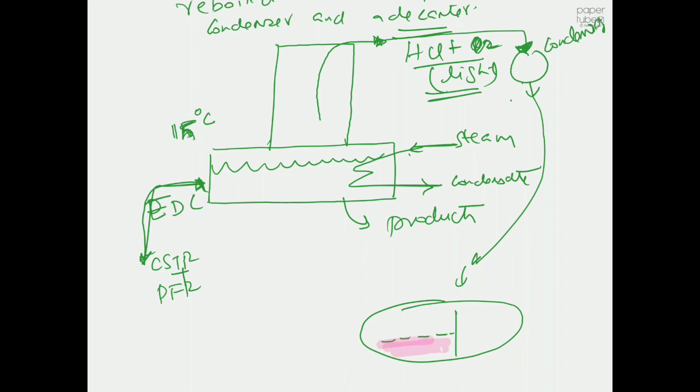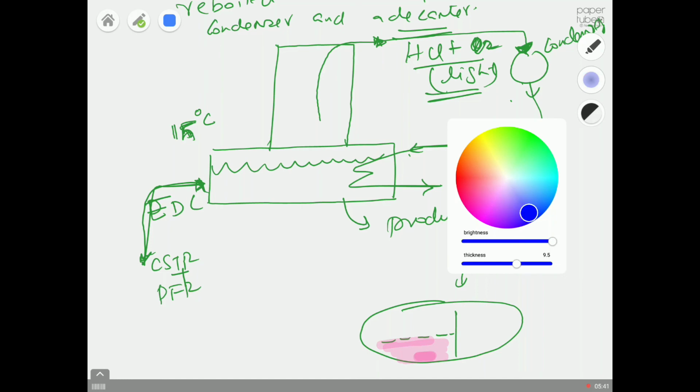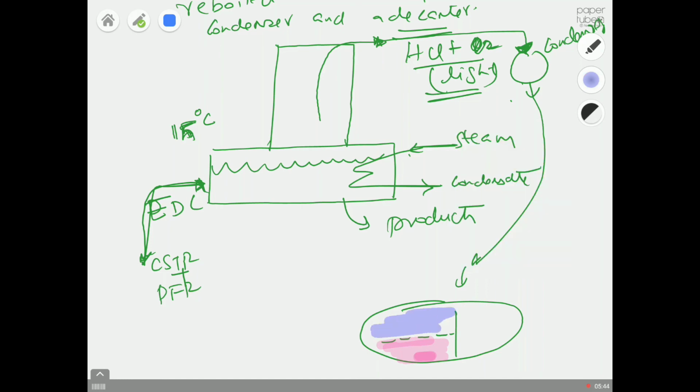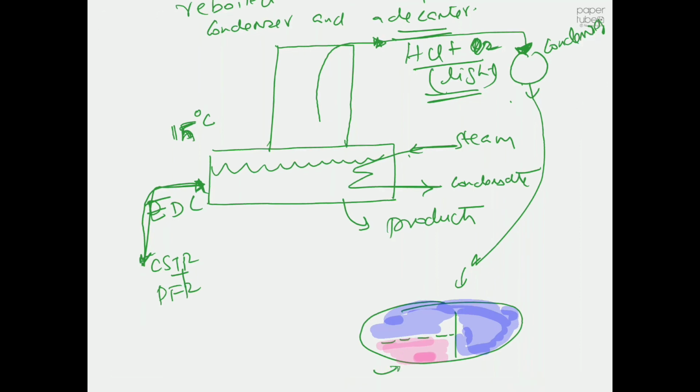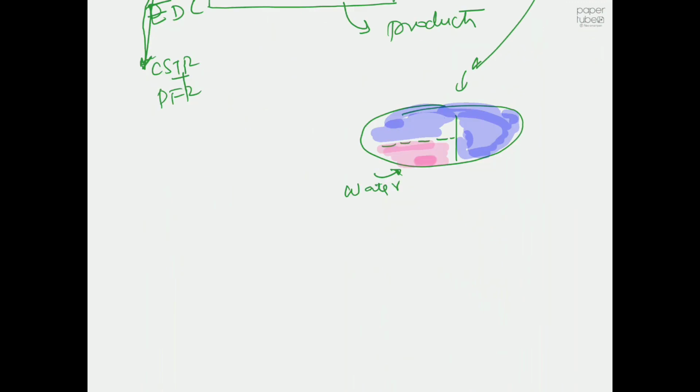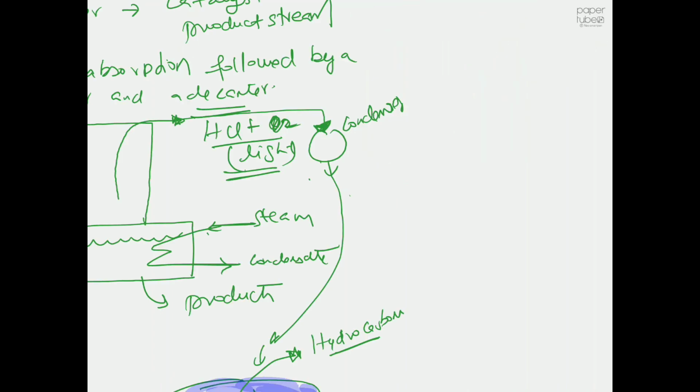This pink one will be the heavier product, say water, and the top, lighter product will be the hydrocarbons.